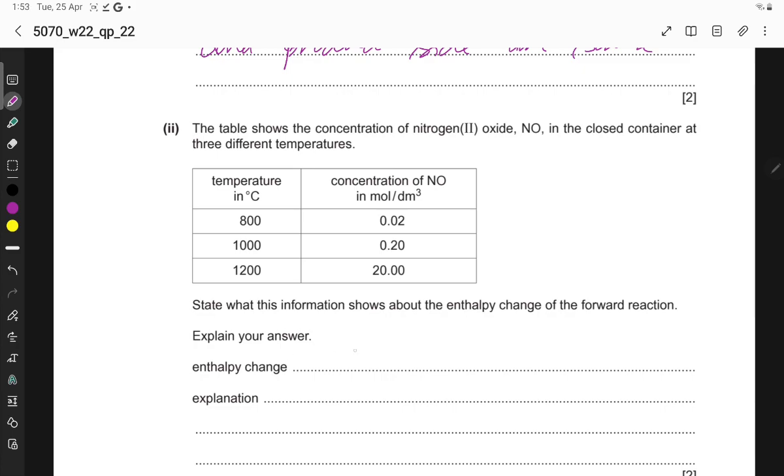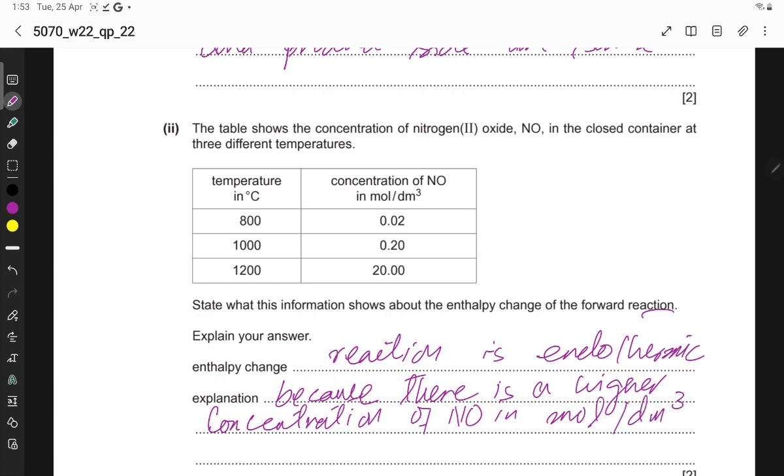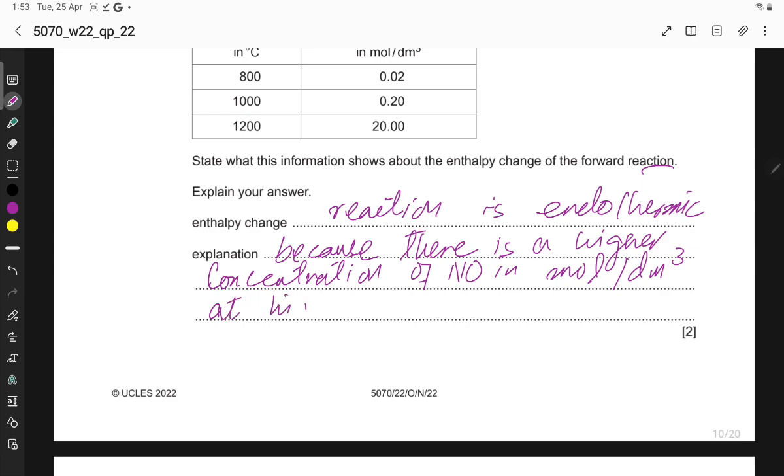The enthalpy change is endothermic because there is a higher concentration of NO in mol per dm cubed at higher temperature.